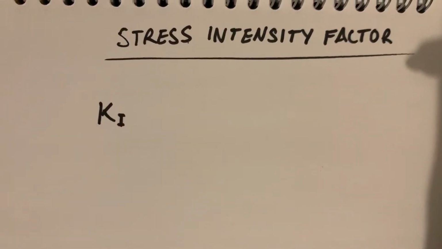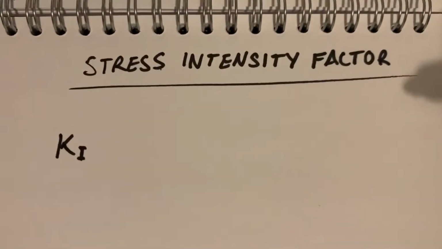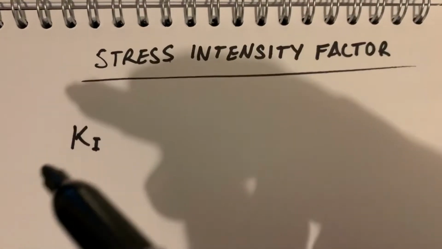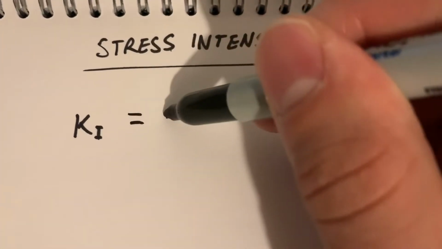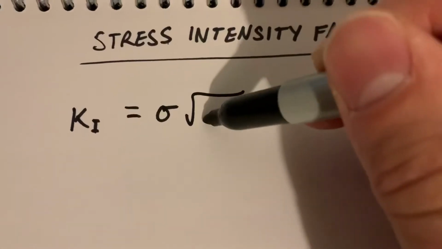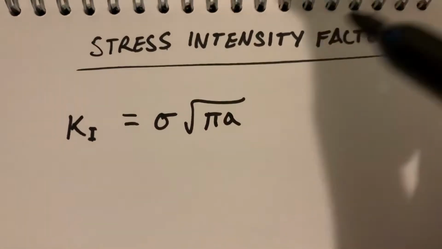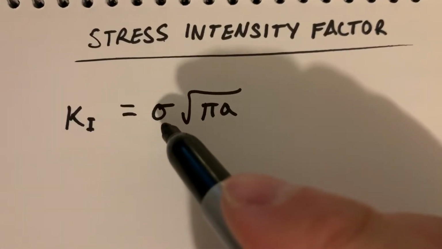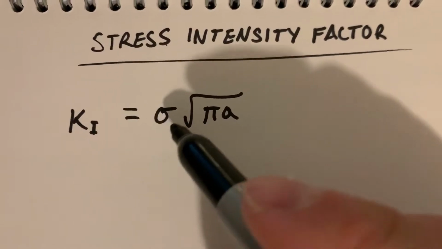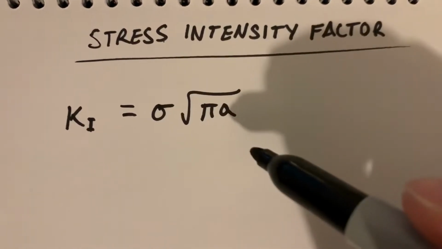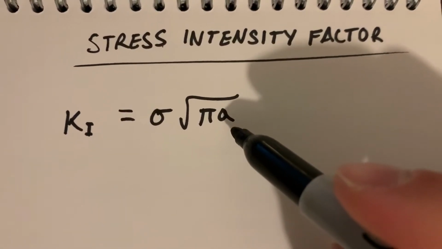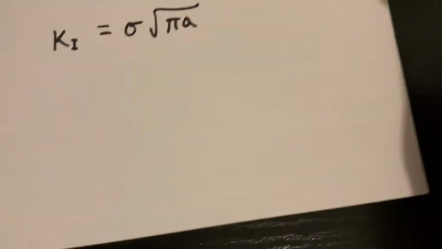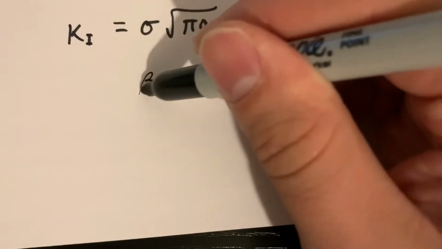In addition to the stress concentration factor, there is the stress intensity factor, which we call capital K sub I. This is equal to sigma square root of pi A. Sigma is our nominal stress, which relates to our stress field equations, which I won't go into just yet. And then A is the length of the crack. A stress intensity modification factor can be incorporated in this equation.